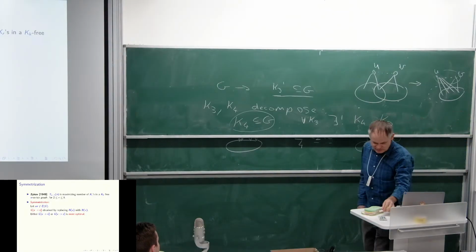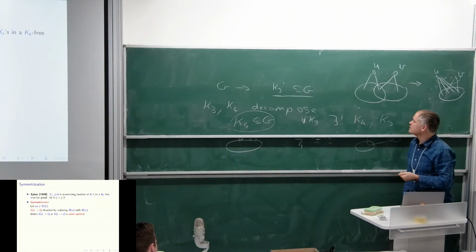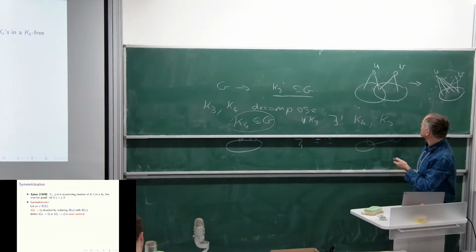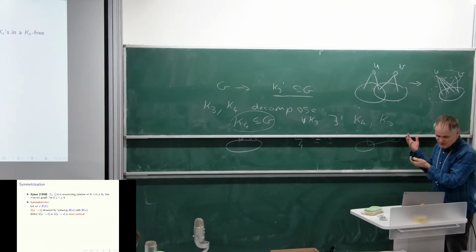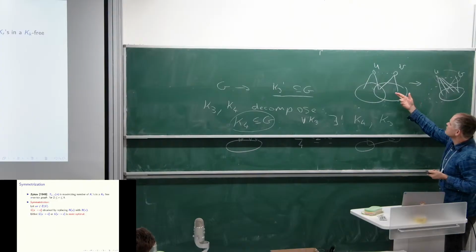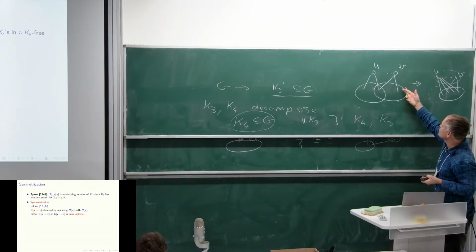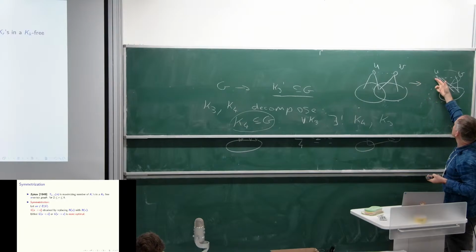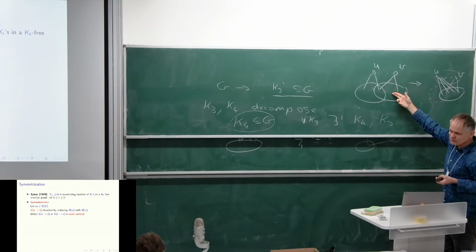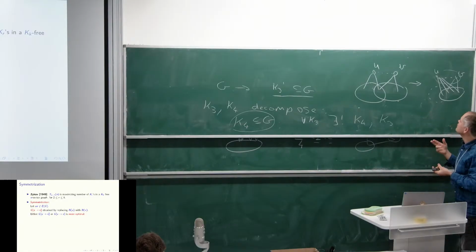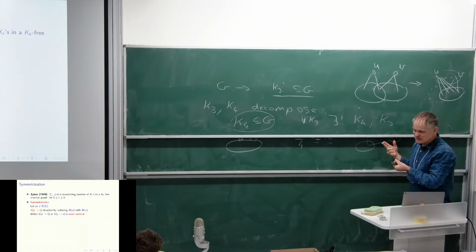That should be one of the standard ways to prove Turan's theorem. I'm not giving the complete proof, but the idea is that given a graph that doesn't contain a K_k, we consider moving u to v or v to u, and one of them has more edges, or at least not fewer edges.